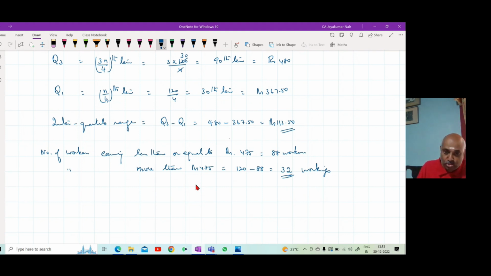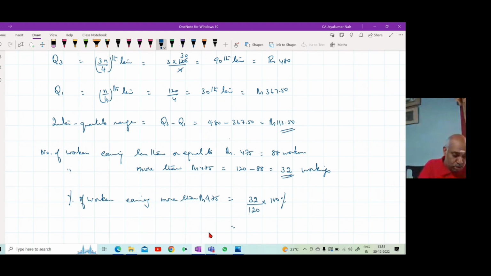So you want to find out the percentage of workers. So the percentage of workers earning more than 475 rupees will be equal to 32 workers earning more than 475 out of 120 workers. So if you want to express it in percentage, multiply that by 100%.